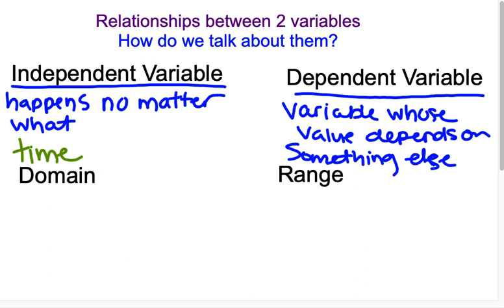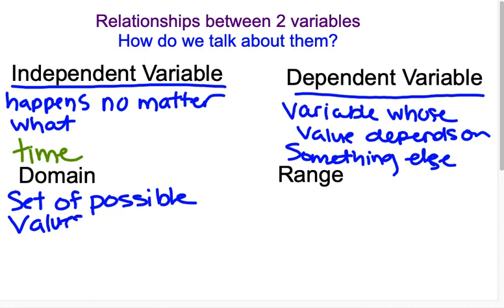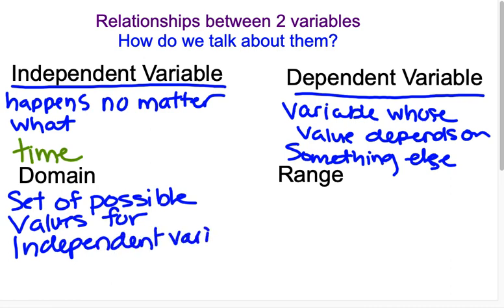The domain is a set of possible values for the independent variable.